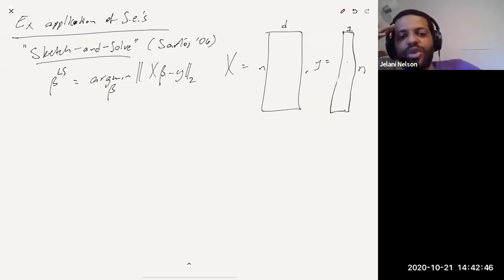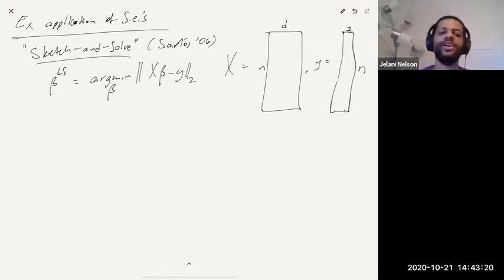If you're trying to minimize this L2 norm, the best you can do is entirely kill the part of y that lives in the subspace, and what you're left with is just the norm of the perpendicular part. So you should choose beta such that X beta is the projection of y onto the column space of X.